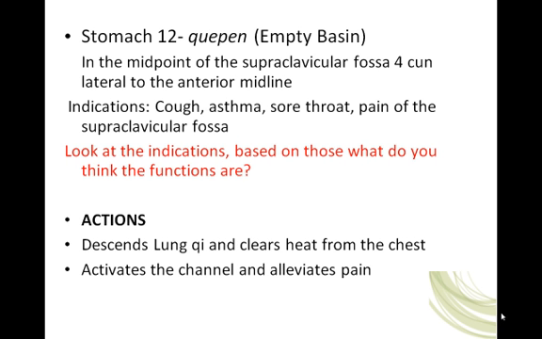And if you look at the actions, descends lung qi, clears heat, activates the channel and alleviates pain, you would think, oh, obviously this would be a point that might be good for cough or sore throat or pain along the channel, particularly local pain.